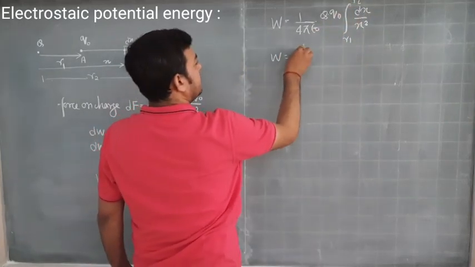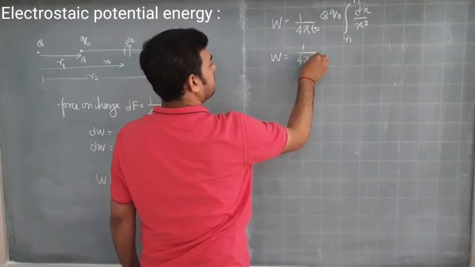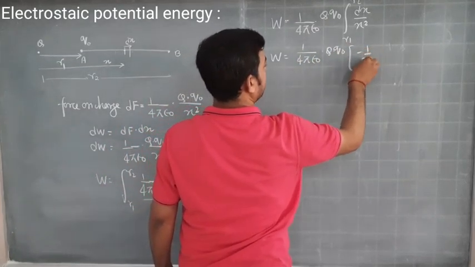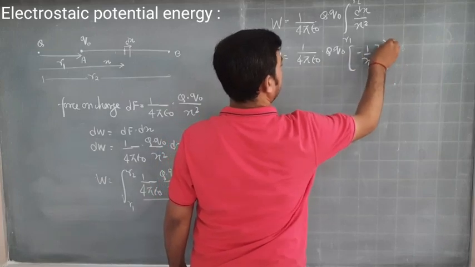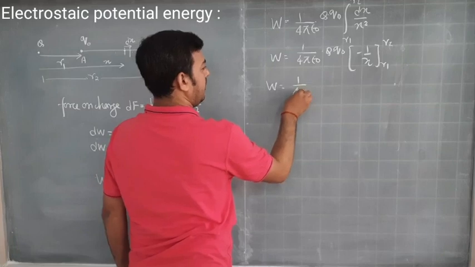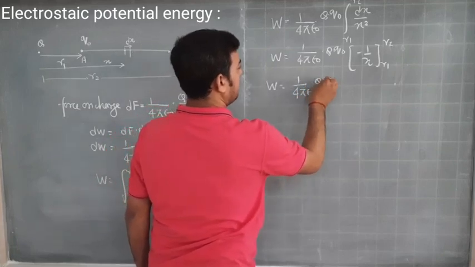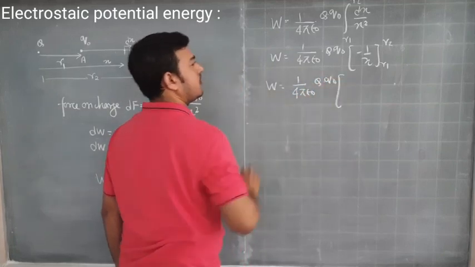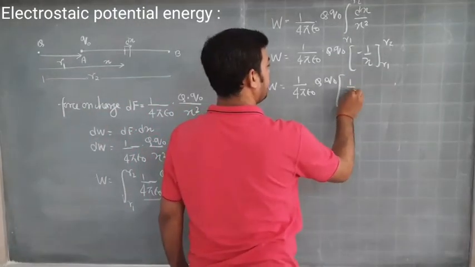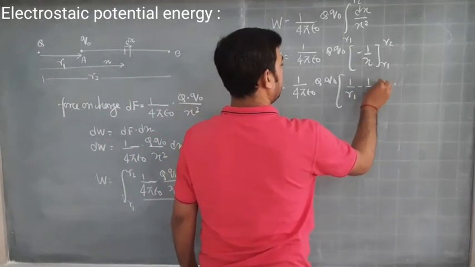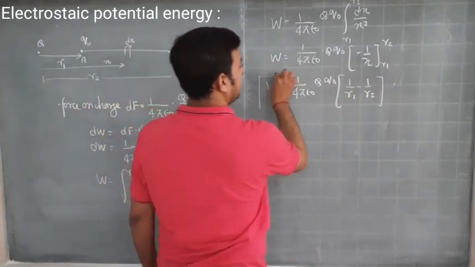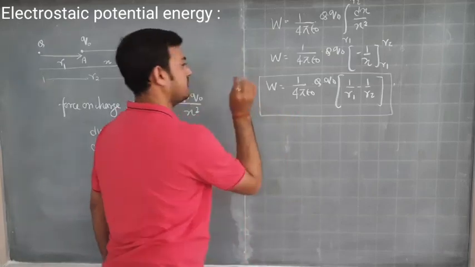If you integrate this term, you will get minus of 1 by x within the limits R1 to R2, and on applying the limits, upper limit minus lower limit, we get minus 1 by R2 minus of minus 1 by R1, and this is the net work done.